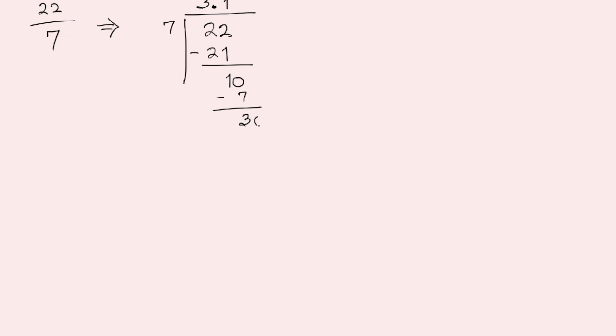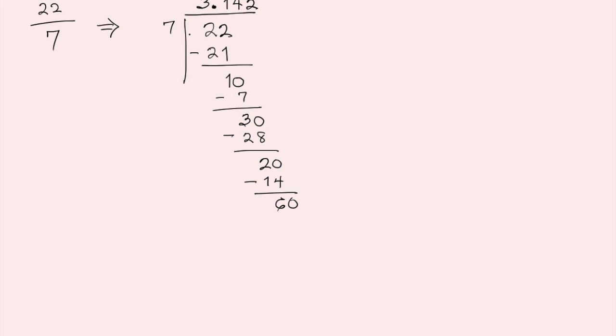We'll add a 0 here. 30 divided by 7, 7 can go into 30 4 times, and 4 times 7 is 28. 30 minus 28 is equal to 2. We had a 0 here. 7 can divide 20 2 times, and 2 times 7 is 14. 20 minus 14 is equal to 6. We had a 0 here.